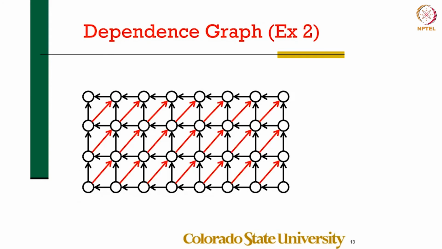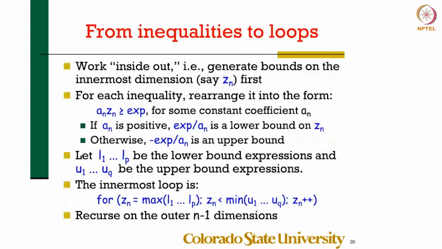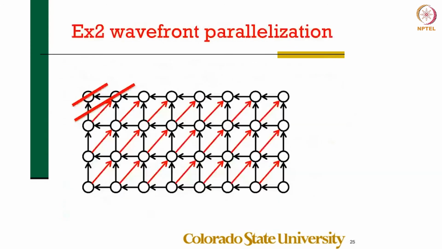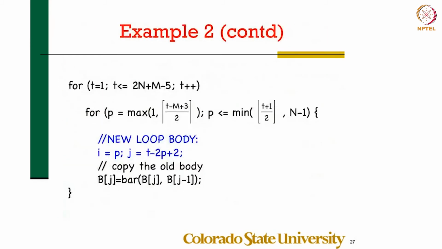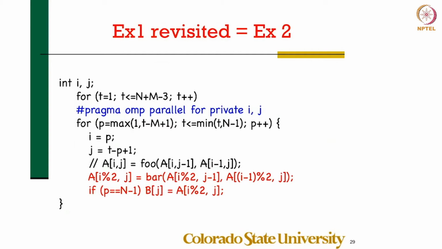And so you can choose for program example 1 a memory allocation that, if you see, I have a two-dimensional array aij. I am going to map it. Just look at this code. Instead of aij, I say a[i mod 2][j]. That's it. And I read from a[i mod 2] and a[(i minus 1) mod 2].